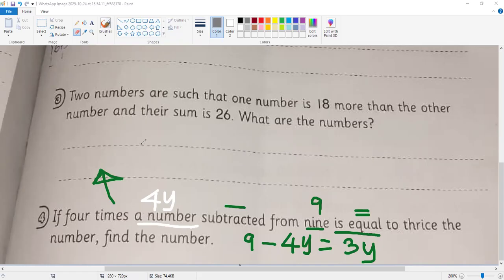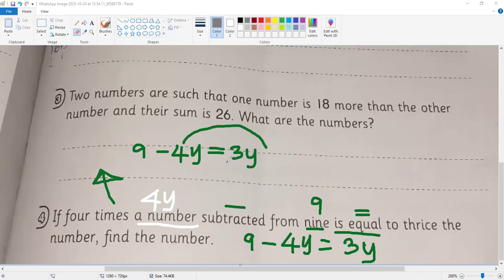So I have 9 minus 4y equals 3y. So collect like terms. The variable term minus 4y and the variable term 3y are like terms because they have y in common. So minus 4y goes here, not 4y, but minus 4y, because every term has a sign. 9 has a sign plus. 4y has a sign minus.